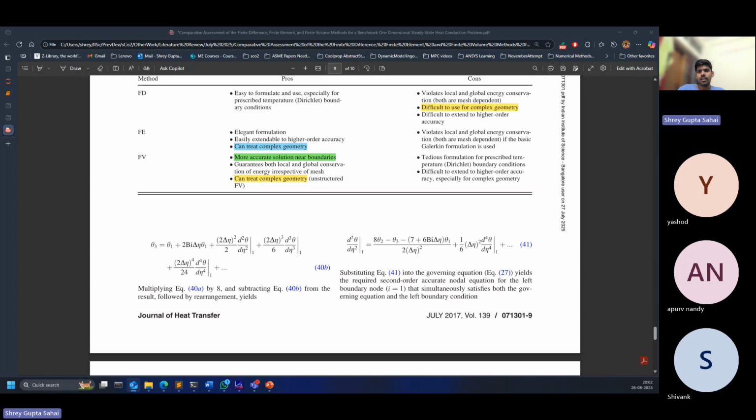Actually, the finite element we deal with in two ways, and the one which is more fundamental is through variational calculus. We did include this in today's lecture, so you can go ahead and I'll upload the video. You can watch that.